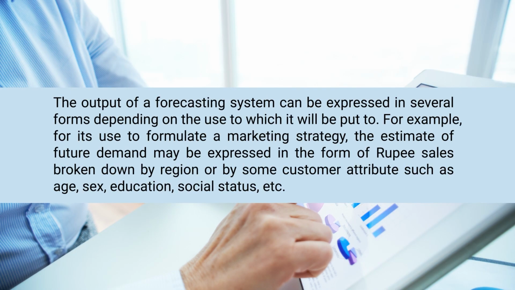So, the output of a forecasting system can be expressed in several forms depending on the use it will be put to. For example, to formulate a marketing strategy, the estimate of future demand may be expressed in rupees of sales broken down by region and by customer attributes such as age, sex, education and social status.